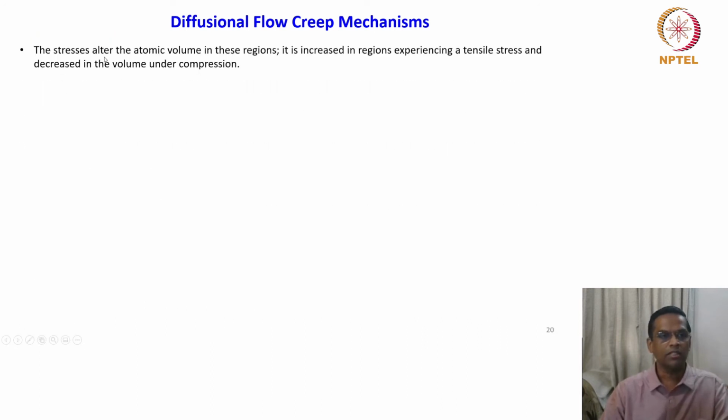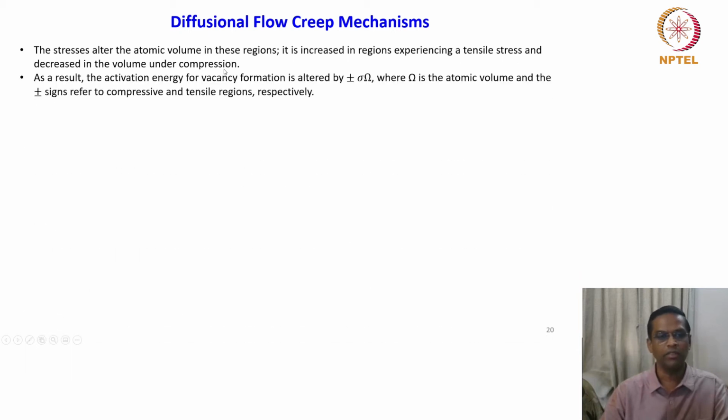The stresses alter the atomic volume in this region. It is increased in the regions experiencing tensile stress and decreased in the regions under compression. So this we have seen in the schematic. As a result, the activation energy for vacancy formation is altered by plus or minus sigma omega, where omega is the atomic volume and the plus or minus signs refer to compressive and tensile regions respectively.